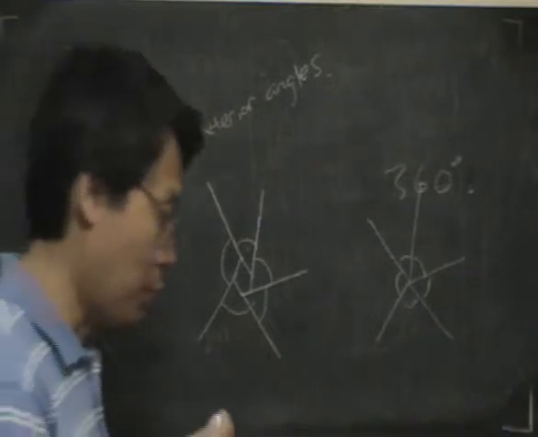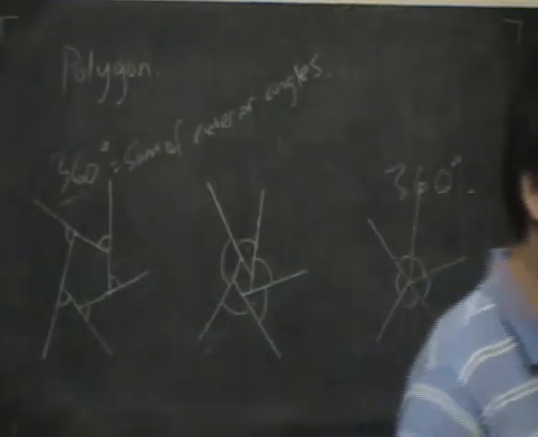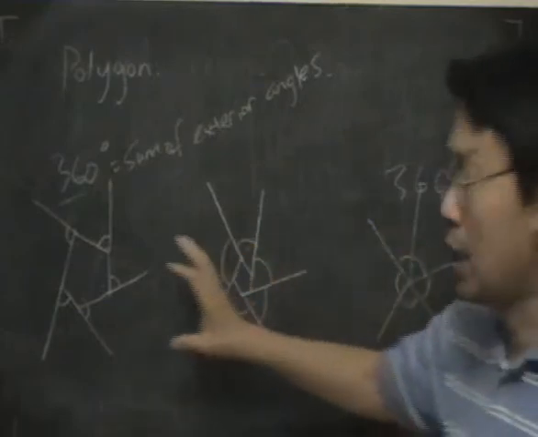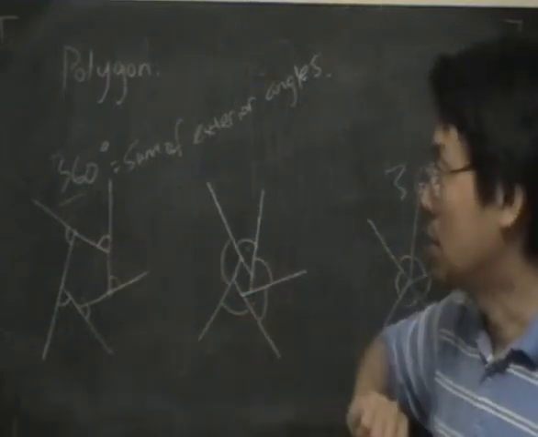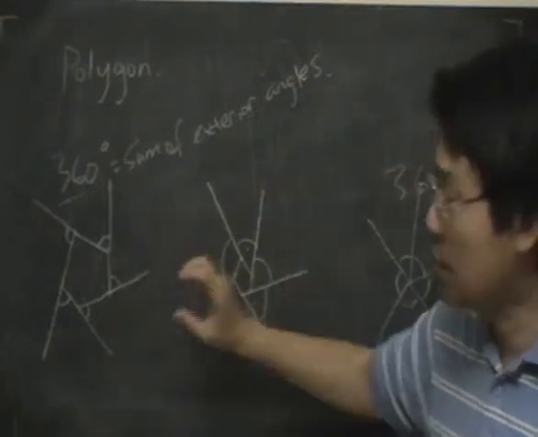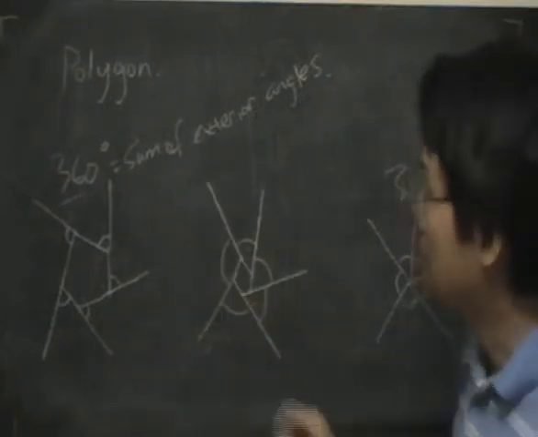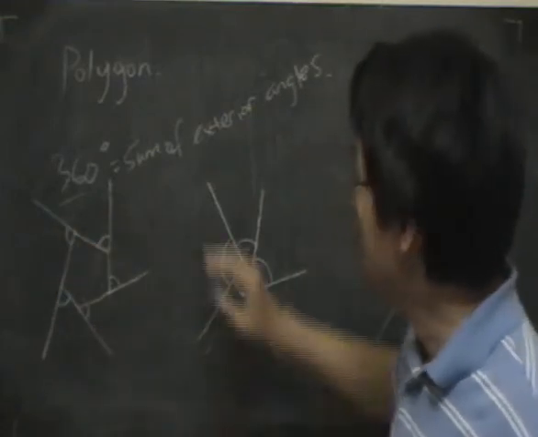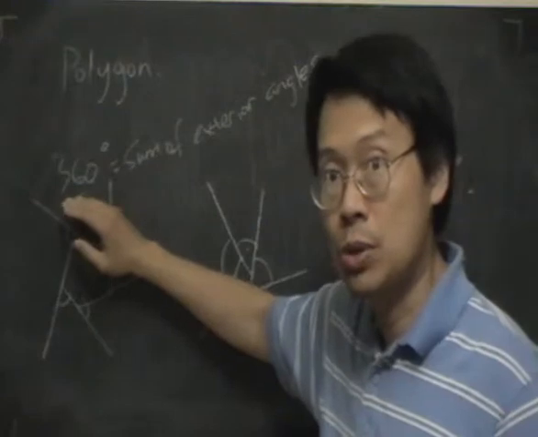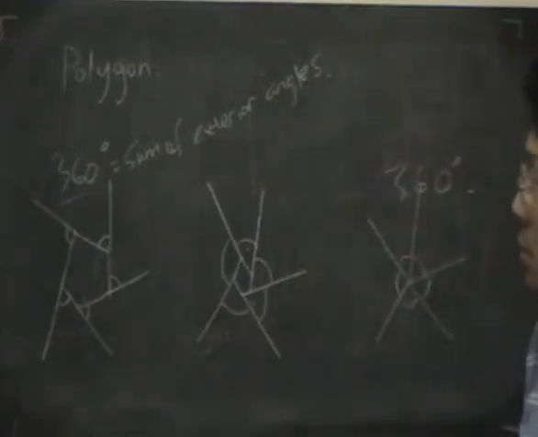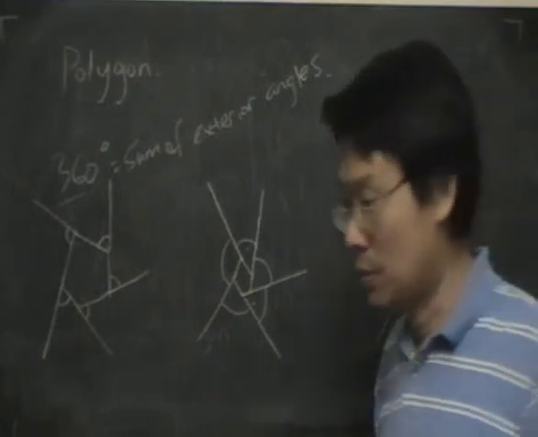So we come to a very important result, and a very simple one, that for a polygon of any number of sides, the sum of the exterior angles is always equal to 360 degrees.